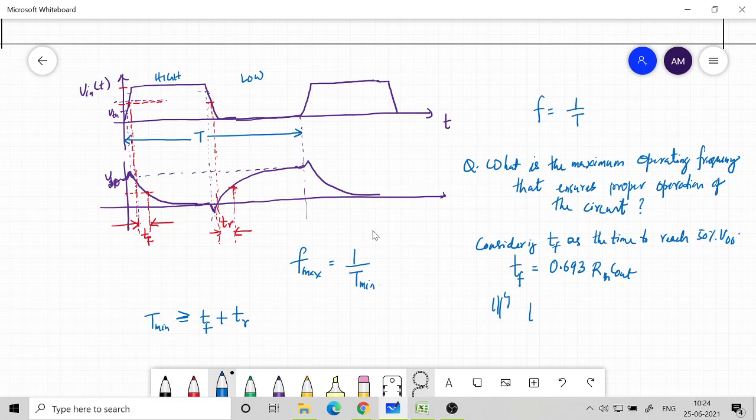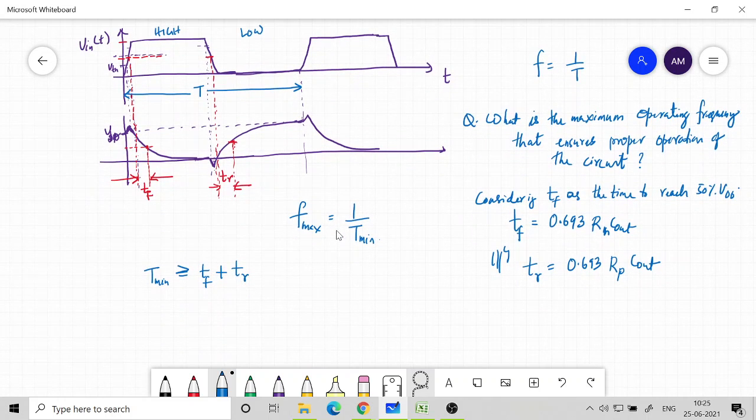Similarly, T rise also becomes 0.693 times the corresponding resistance and C out. I did not derive that, but as you can see, it is a similar derivation. The only difference is Rn will be replaced with Rp.